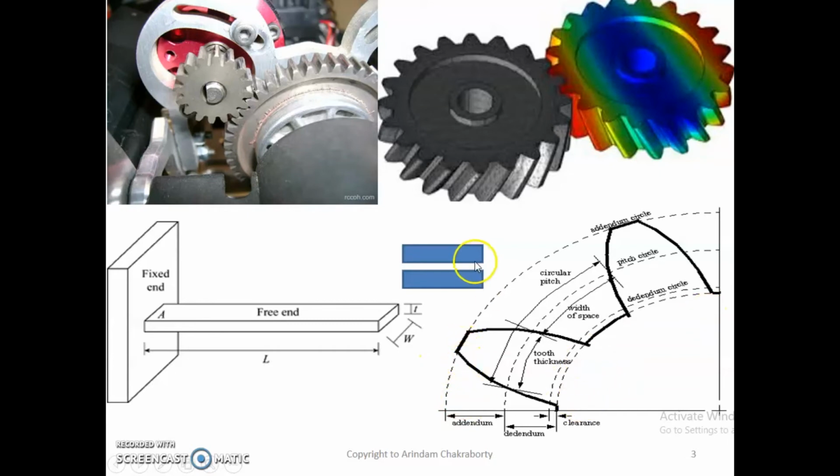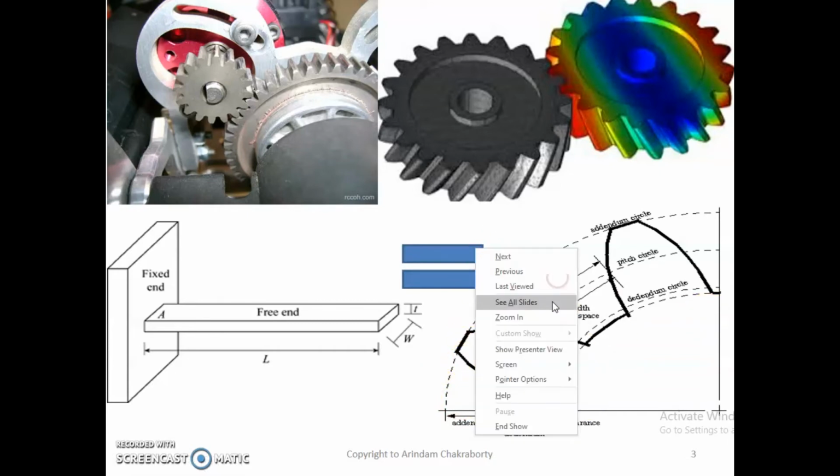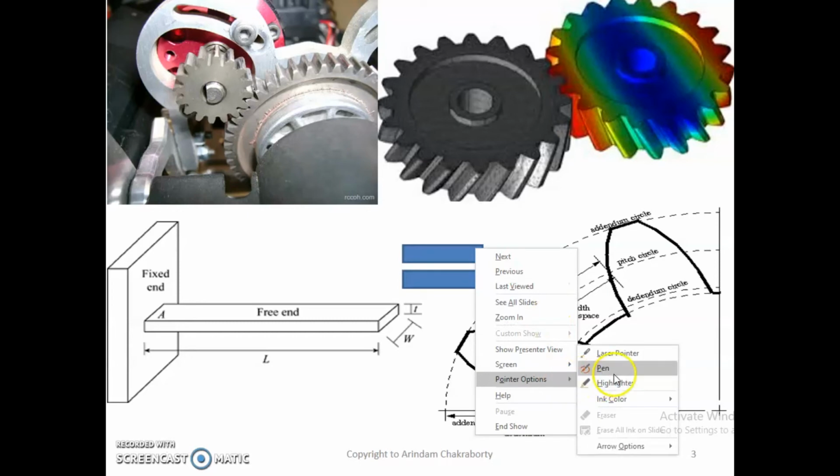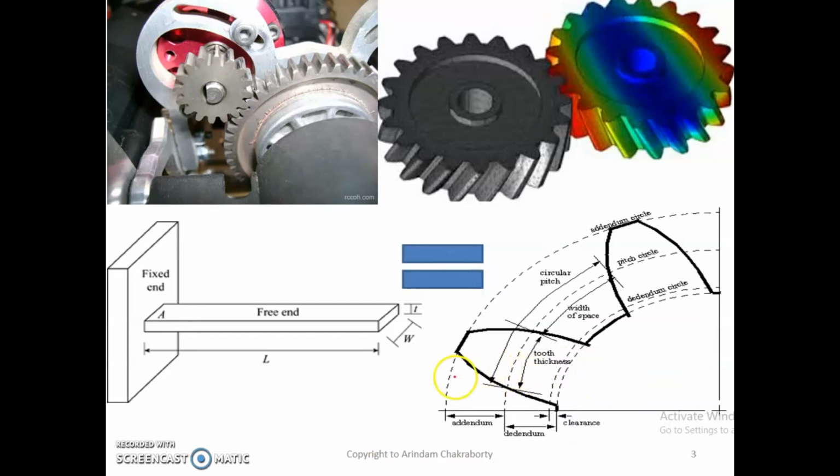Rather, if we try to understand this thing, if this is a tangential force working over here and this is the center, what happens if you apply a force, it will rotate in this manner.